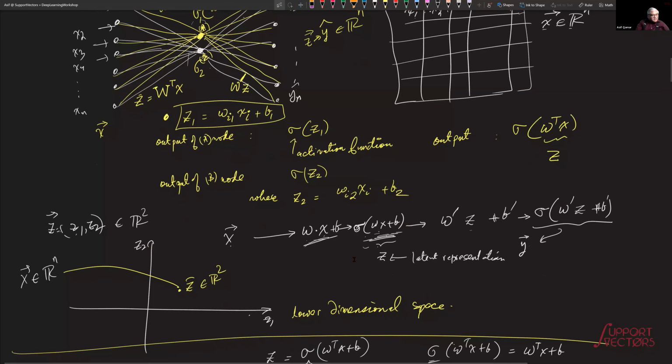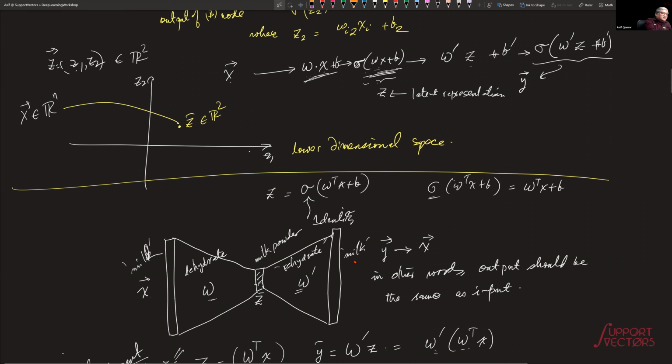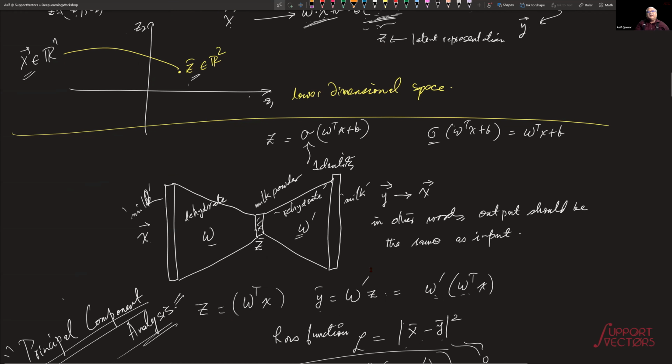Now, this is the terminology we use for input. We use X, and we'll use Z for the lower dimensional representation. In autoencoders, Z is often used. Also in GANs, Z is often used for the latent variable. But you have to know that this Z is actually an activated Z. It is the weights times the input plus bias, with a nonlinear activation applied to that, which is unusual.